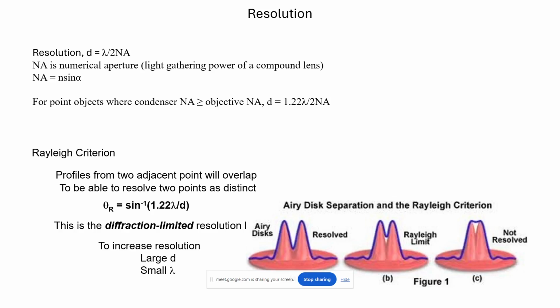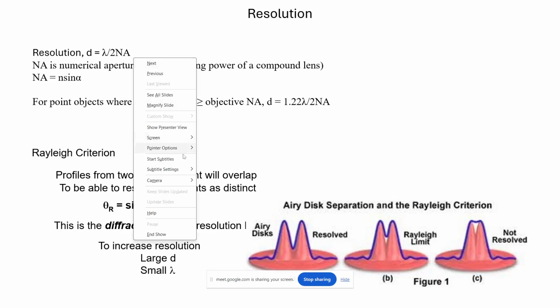And the resolution is given by d is equal to lambda by 2 NA, where NA is basically the numerical aperture.